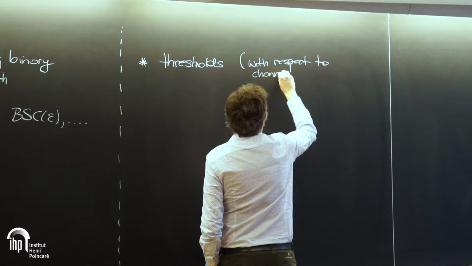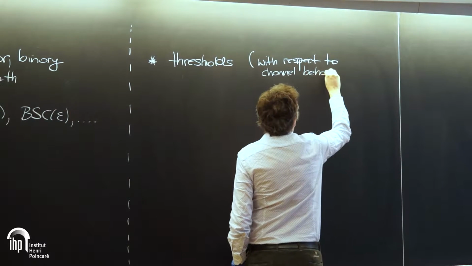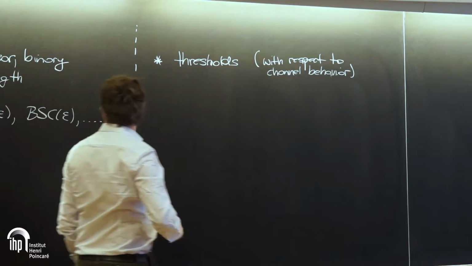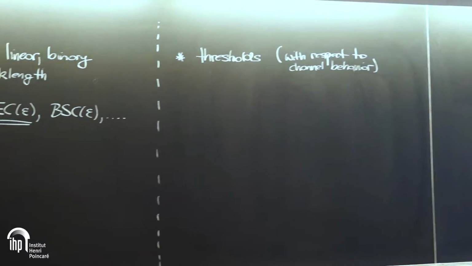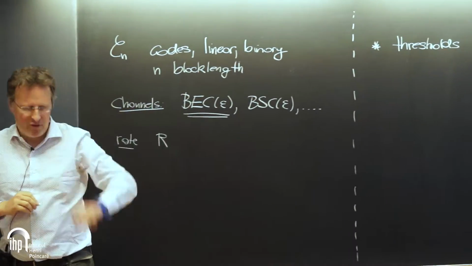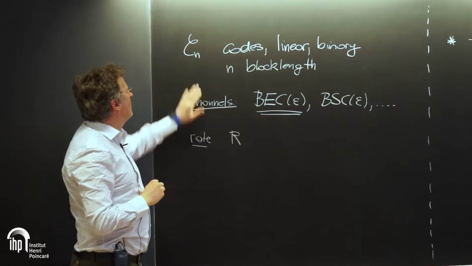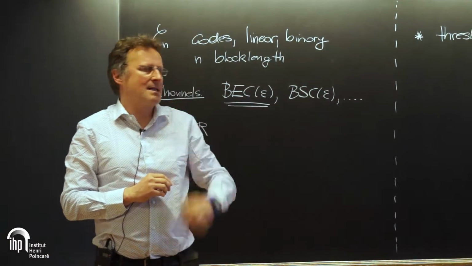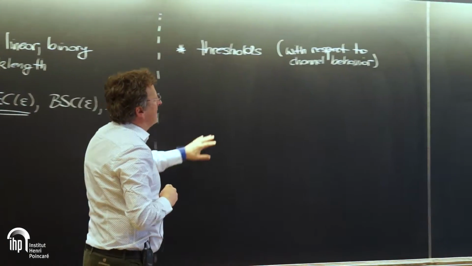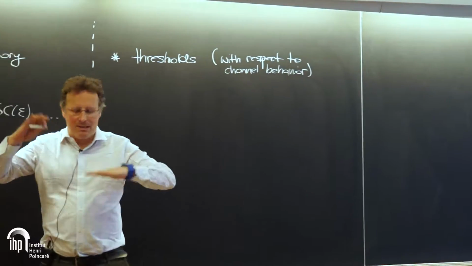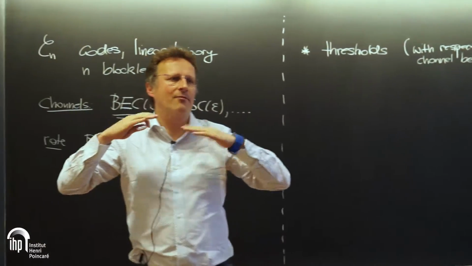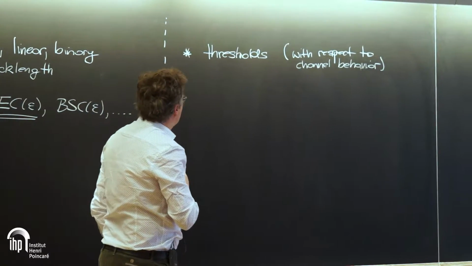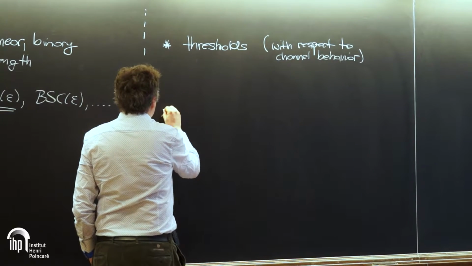So this means there better be, when I'm taking my epsilon parameter, I'll think of it as a knob, and I'm going to turn it, then it better be true that once I'm talking about long codes, there will be a marked difference in the behavior as I'm turning this knob epsilon. At some point when epsilon is small enough, the channel is good enough, everything will behave nicely. But if it's large enough, we'll see a jump in the behavior, and I'll tell you in a second what I mean by this.